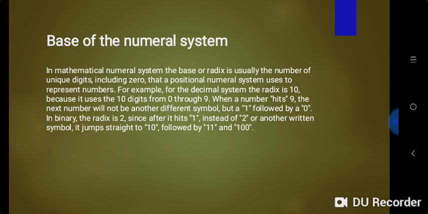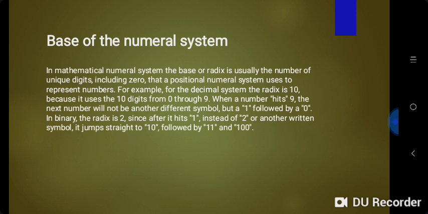For example, for the decimal system, the radix is 10 because it uses the digits from 0 through 9. When a number hits 9, the next number will not be another different symbol but a 1 followed by 0.